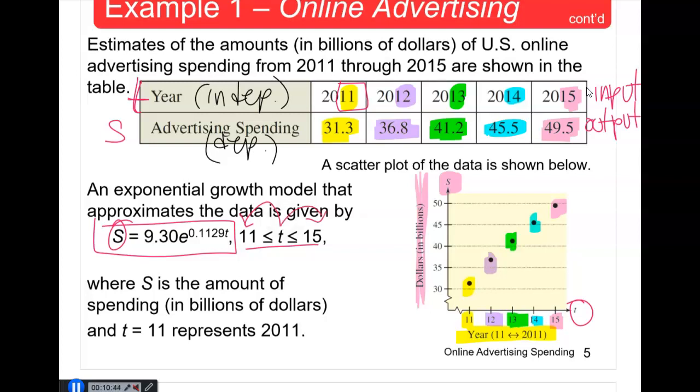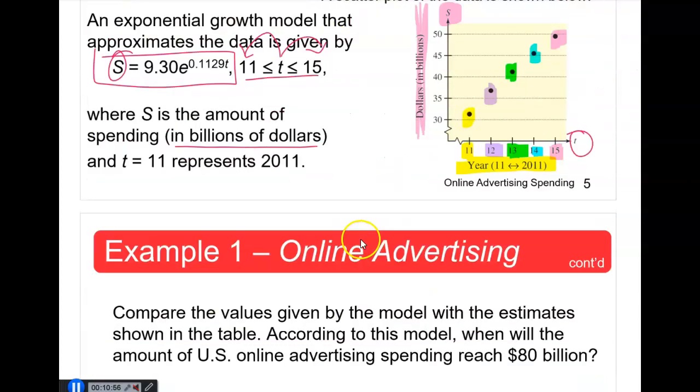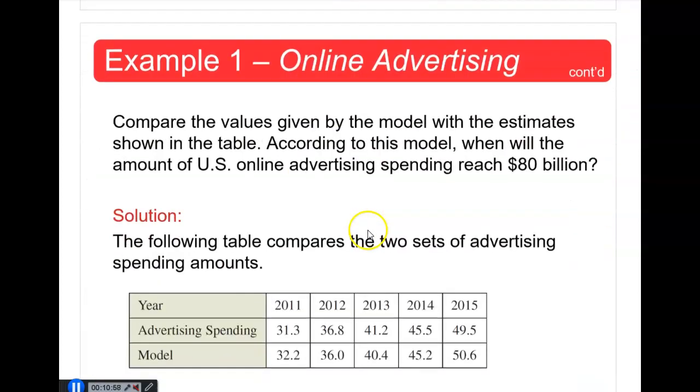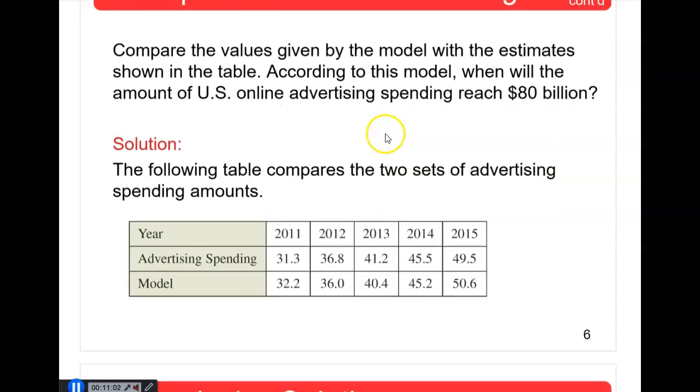So including 11 and 15. And in S, make sure you remember that it is in billions of dollars. Okay, so we're going to compare the values given by the model with the estimates shown in the table.